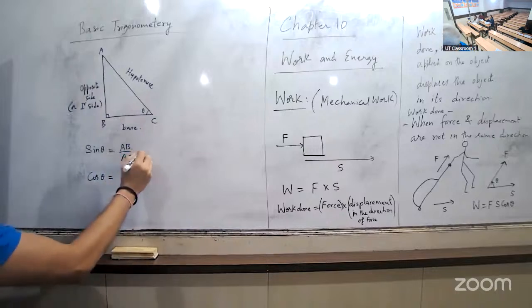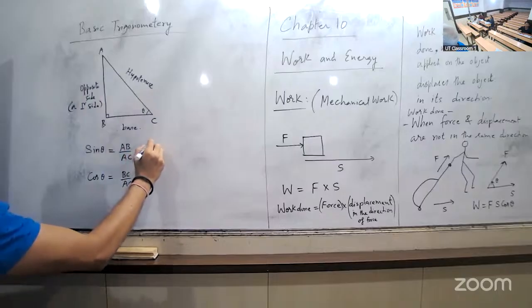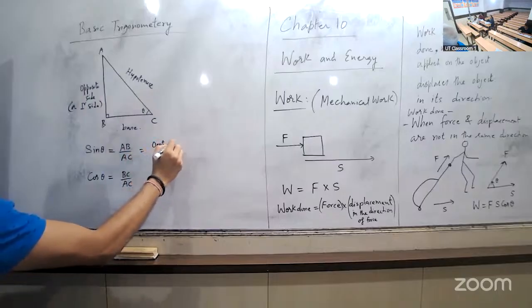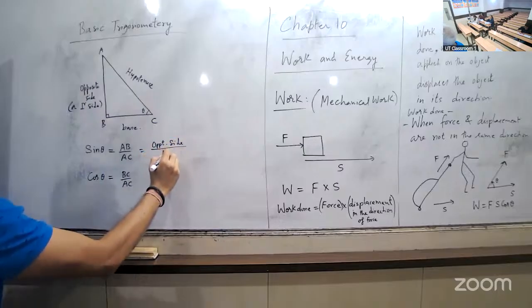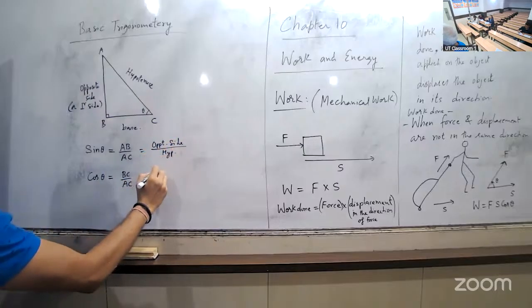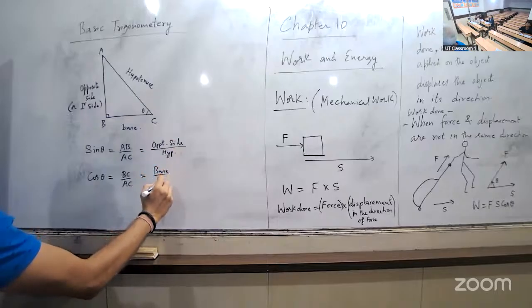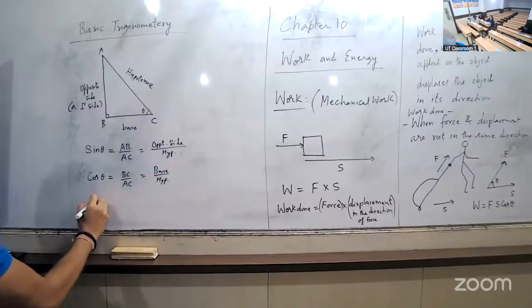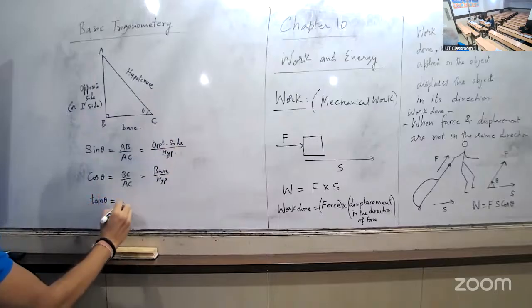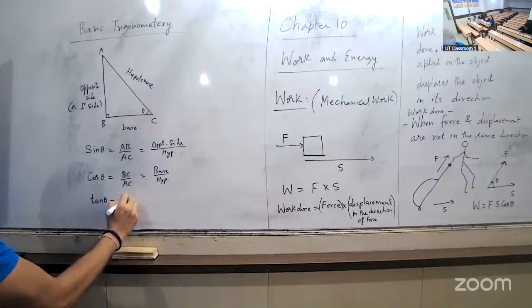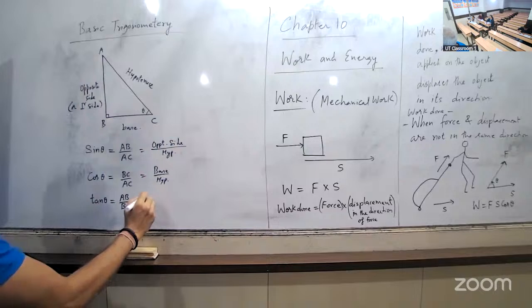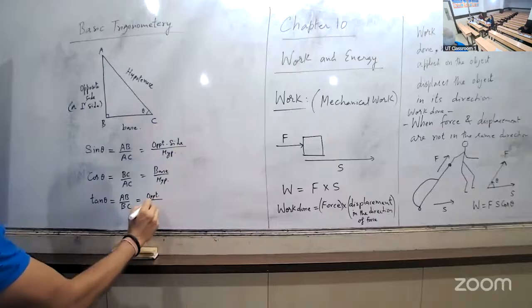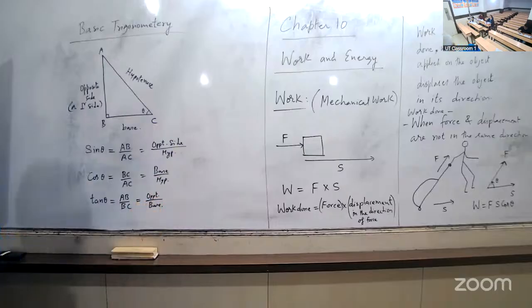That is, sine is opposite side upon hypotenuse, and cos is base upon hypotenuse. Then tan theta: AB upon BC, that is, opposite side upon base. These are the definitions.